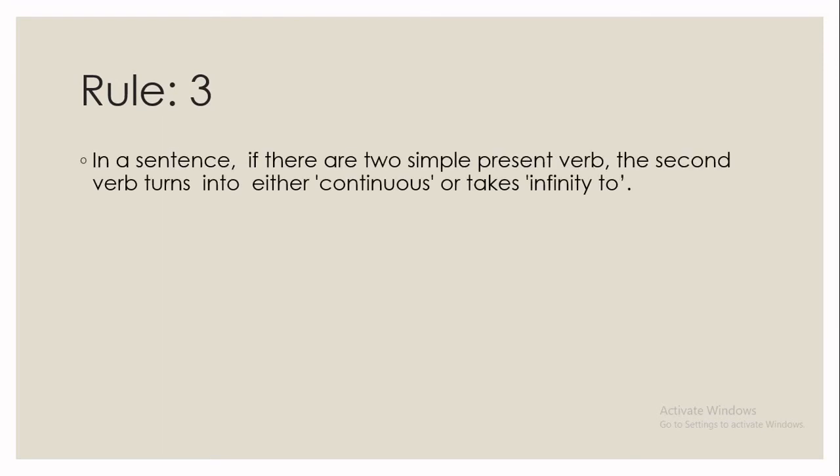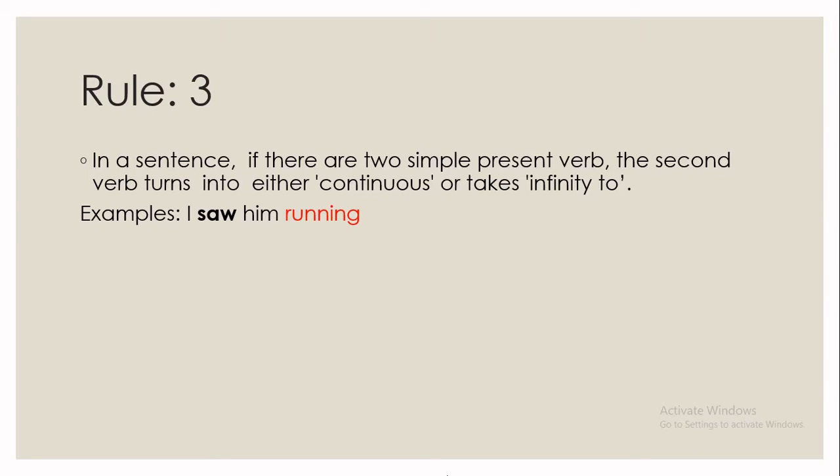Let's move on to rule 3. In a sentence, if there are two simple present verbs, the second verb turns into either continuous or takes the infinitive too. It will be easier for you if you see an example. I saw him running. If you concentrate on this, you can see that in this sentence there are two verbs, right? The first one is saw and the other one is running. So if in a sentence there are two simple verbs, we have to use ing with the second verb, not with the first one.